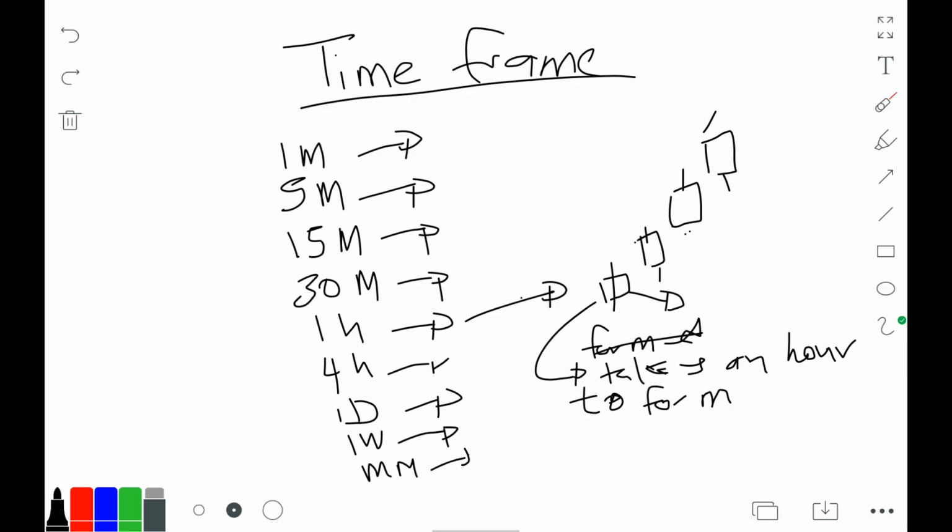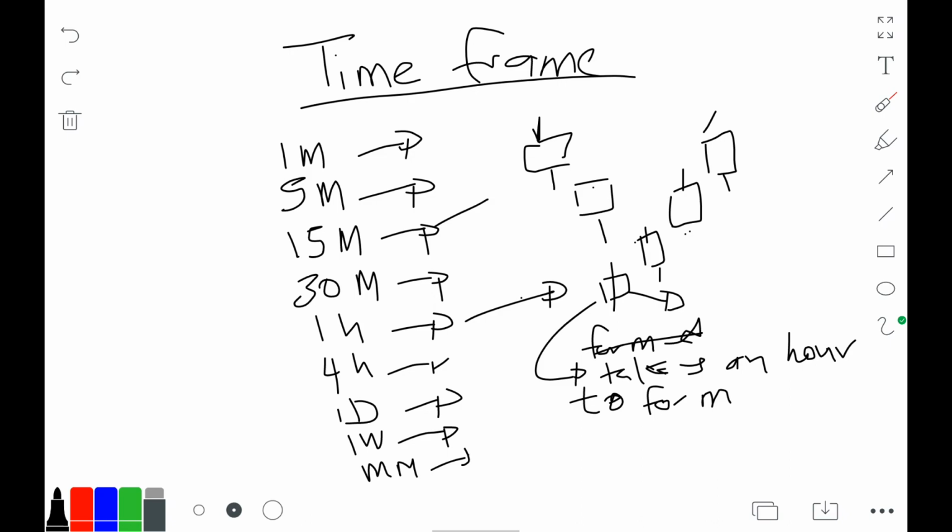So if you go to 15 minutes, you find the candles, maybe they are like this. I'm just gonna give you an example of 2 candles.